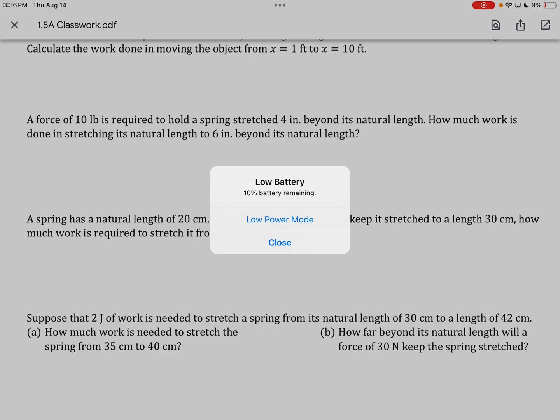Integrated, 250 over 2 is 125. 5 centimeters. 0.5. Oh. But then we get 25 to 20.